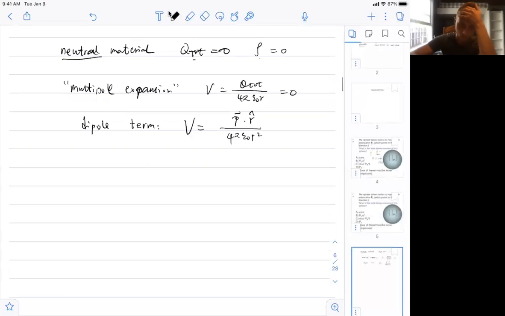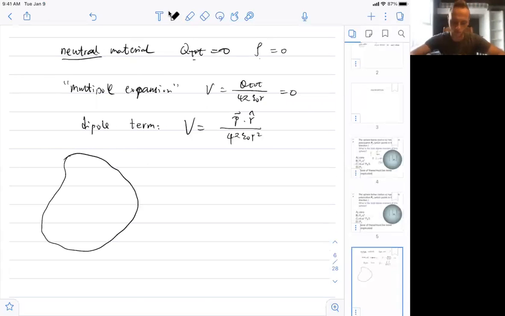So let's look at a material right here. Have a blob of material. We are going to focus on a small chunk of this, a small chunk of source, which is located at r prime. Each of them is located at a different location, so I'm just going to call this one r_i.